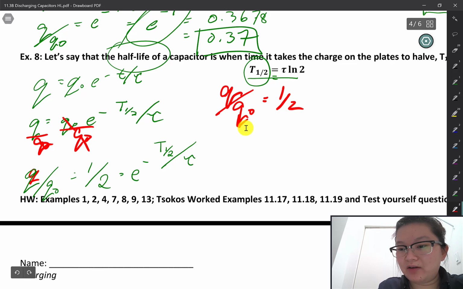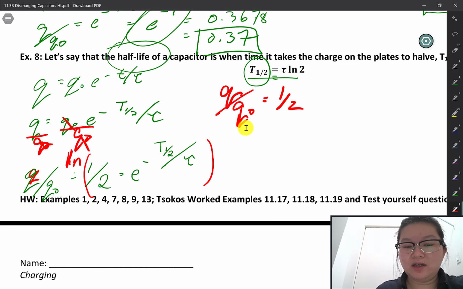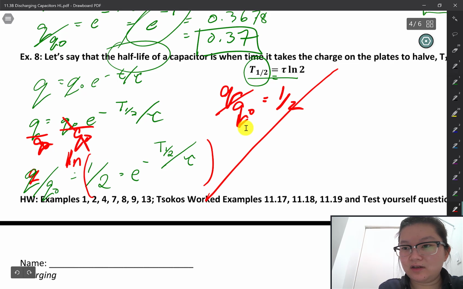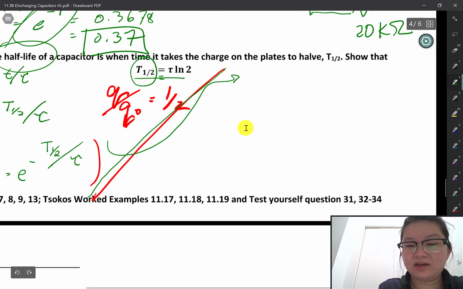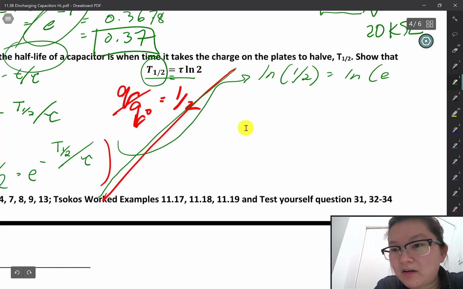But what we want to do now is take the ln of both sides. Taking the ln of the entire equation, I'm going to continue my work over here. That's going to look like ln 1/2 equals ln of e to the power of negative the half-life t divided by tau.